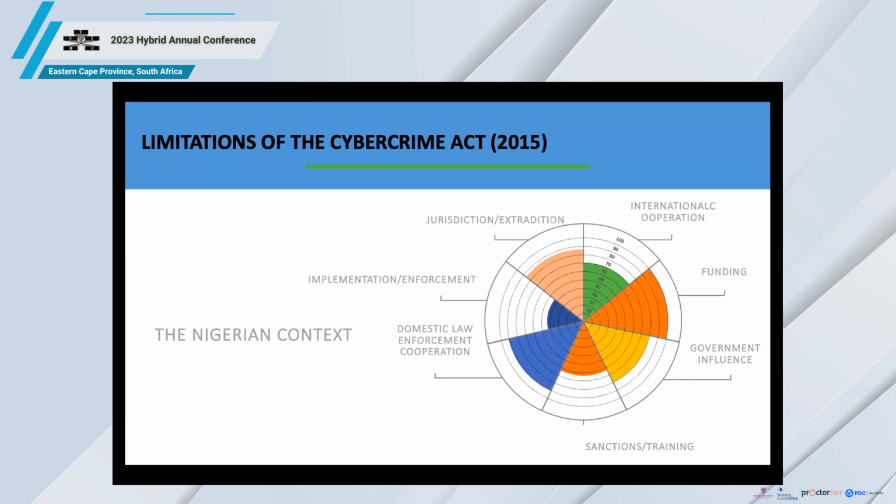Now, finally, we have the domestic law enforcement cooperation. So we might have certain cases where federal agencies and local government agencies argue over jurisdiction. Okay, it's a federal crime, no, it's a federal jurisdiction. So these are the problems that we have that are peculiar to Nigeria.